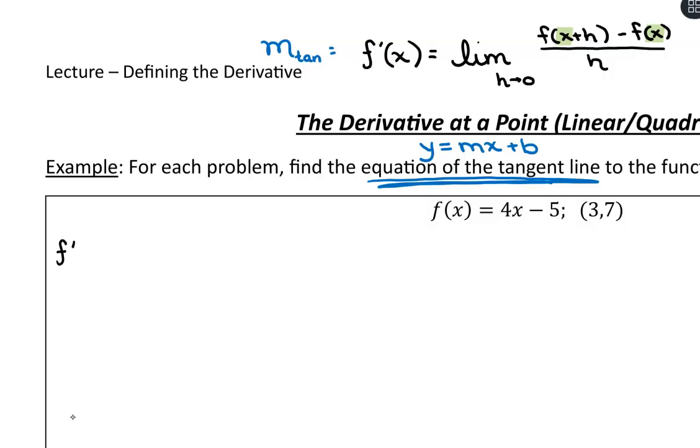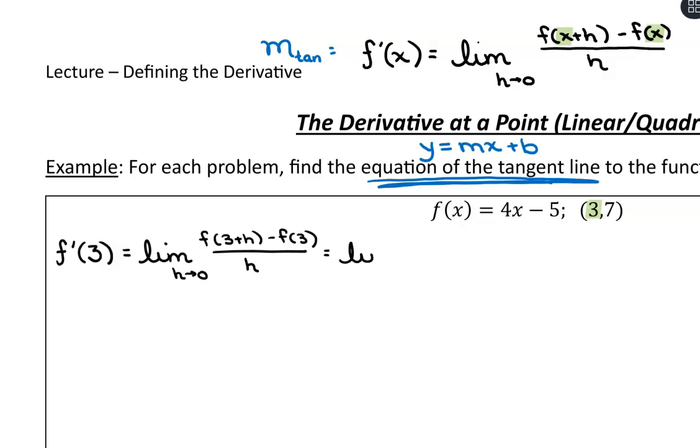So for this one, we're calculating the derivative of our function, and they tell us that we're evaluating at x equals 3. So if we want to evaluate the limit at that point, we would go the limit as h approaches 0 of f of 3 plus h minus f of 3 all over h.